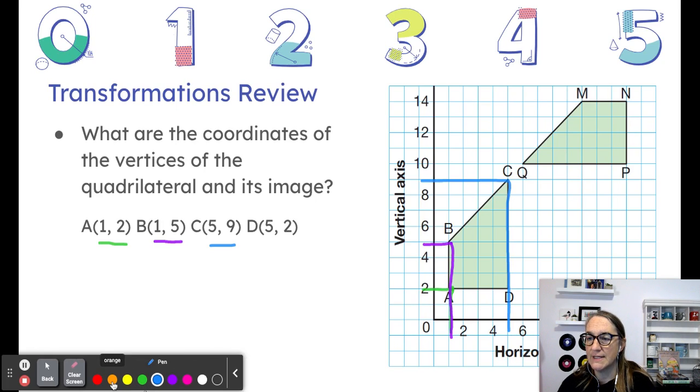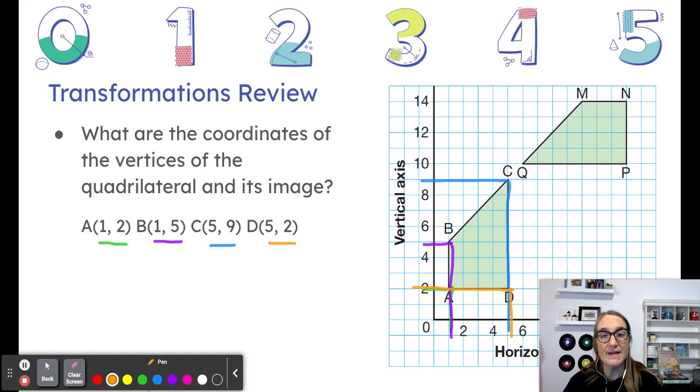And last but not least, vertex D. We're going to extend down to intersect the x-axis. We do so at 0.5, so that's our x-axis value. And we extend over to the y-axis, which we intersect at 2, so that's our y-axis value. And our ordered pair for vertex D is 5, 2.